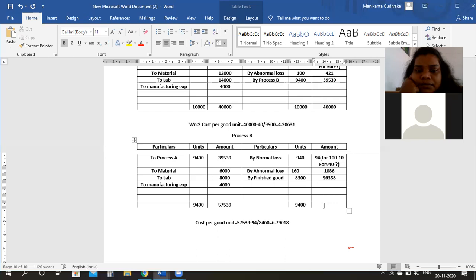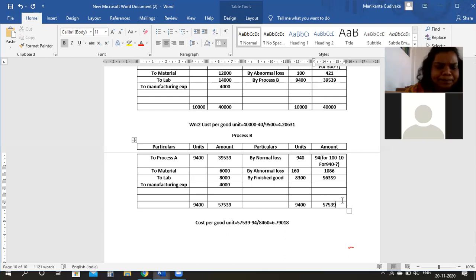Ma'am, it's like 57,538. So 1 rupee, you can adjust anywhere. Either you can adjust here or here. So take 9 here and write it as 57,539. 1 rupee, maybe that is because of the points, ma. You can adjust, no problem.